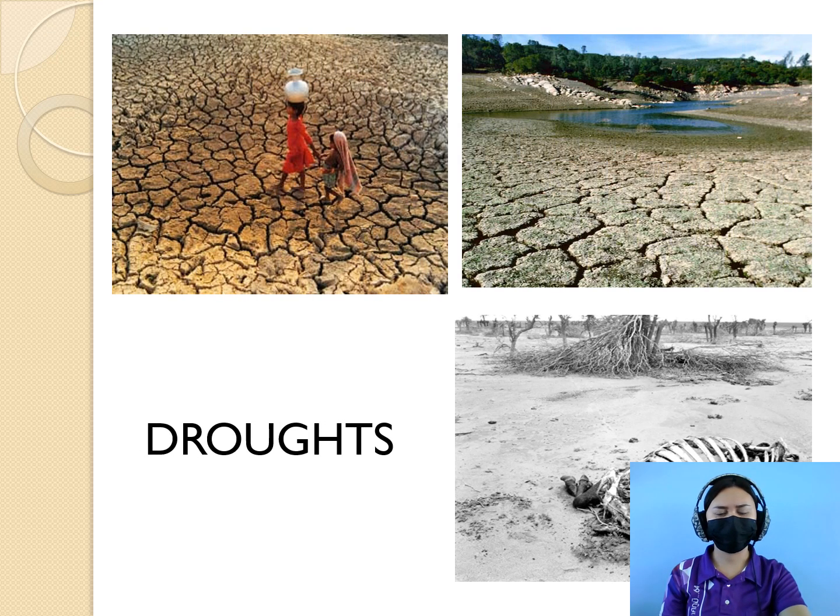It looks very bad. Droughts. So dry, right? No rain. If people are living in this place, they experience drought, and it's very bad for them because they cannot plant vegetables or fruits to eat. So it's very hard for them. Drought.